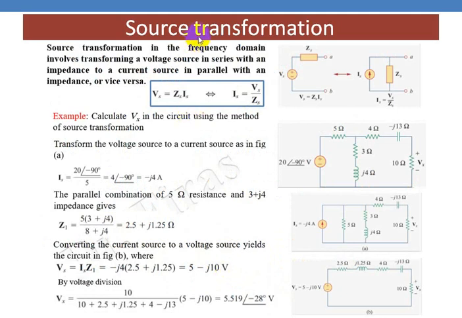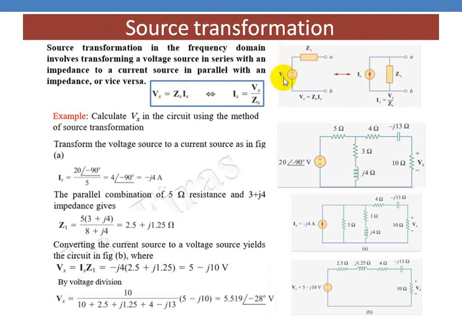Coming to source transformation. We can convert a voltage source into a current source, as we have seen in DC circuits. The source transformation in the frequency domain involves transforming a voltage source in series with an impedance to a current source in parallel with an impedance, or vice versa.